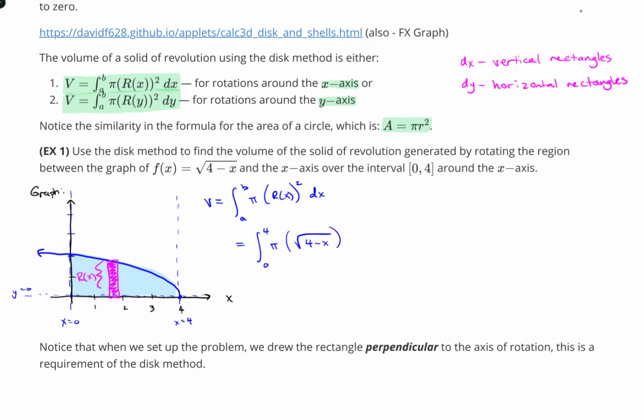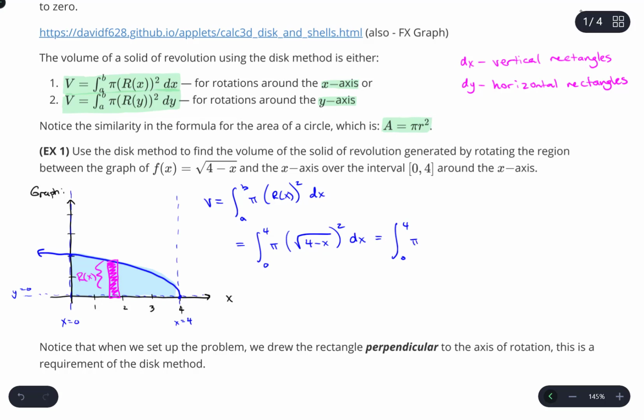So at any point for x, this tells me the height of the rectangle. That gets squared. Then we integrate dx. So essentially, I'm doing the integral from 0 to 4 of pi. Squaring a square root cancels, so then I have 4 minus x dx.